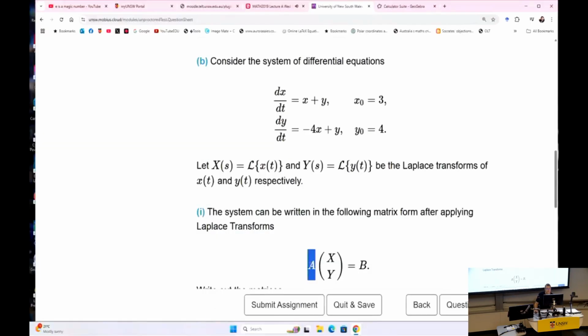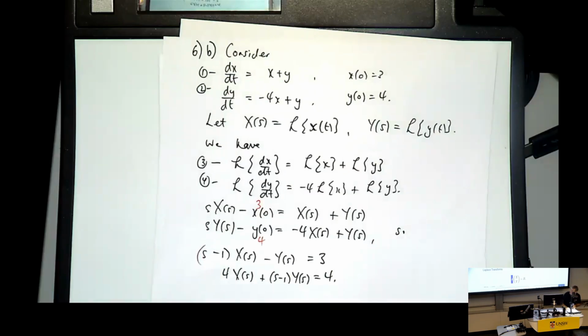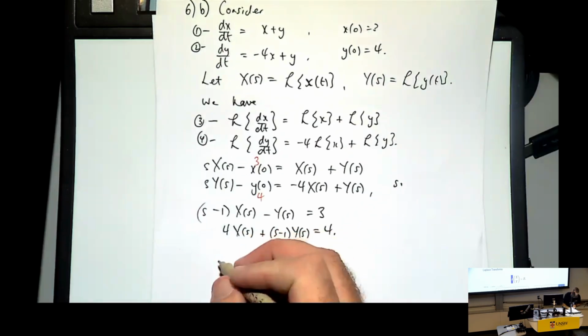We're chasing this and this, right? So it's sort of leading you into a matrix representation for your system anyway, okay? So let's see if we can write this as a linear system.